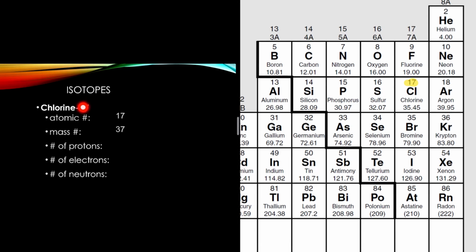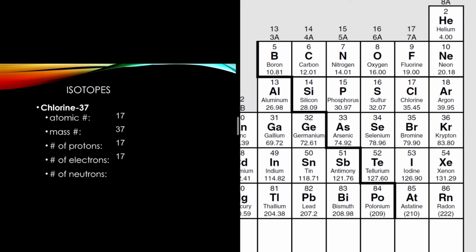That's because of this 37 right here. We do not look at this for the mass number. Chlorine 37 has 17 protons because the number of protons always equals the atomic number, and it has 17 electrons because right now, with chlorine 37, we're talking about a neutral atom. The number of neutrons is the atomic number subtracted from the mass number.